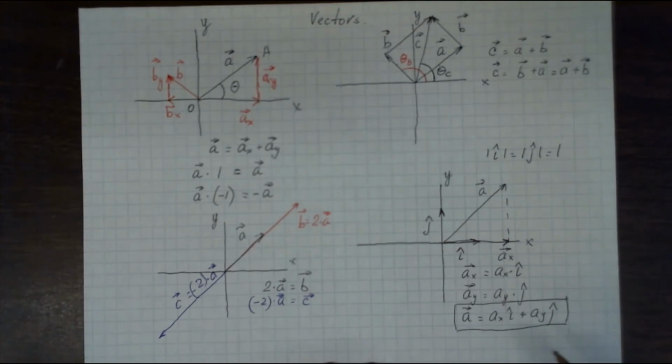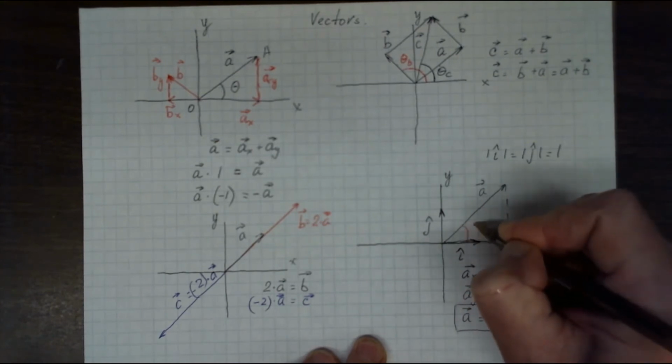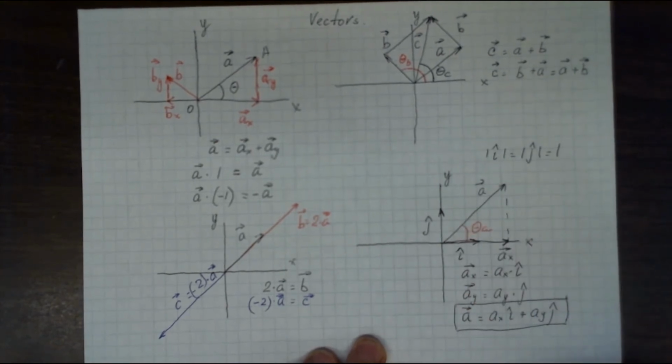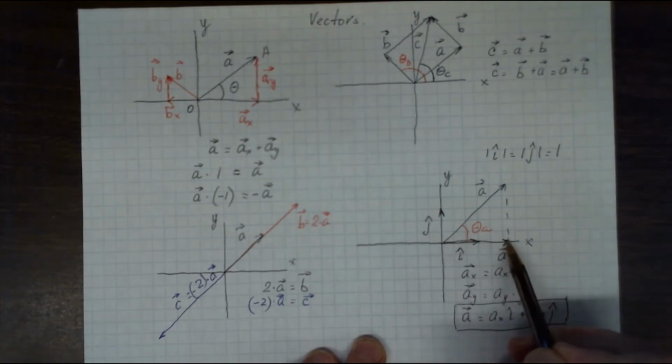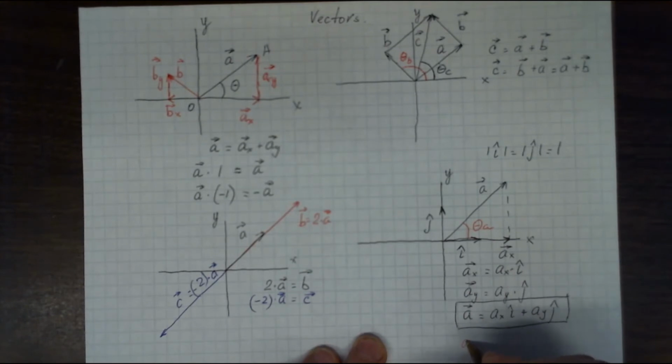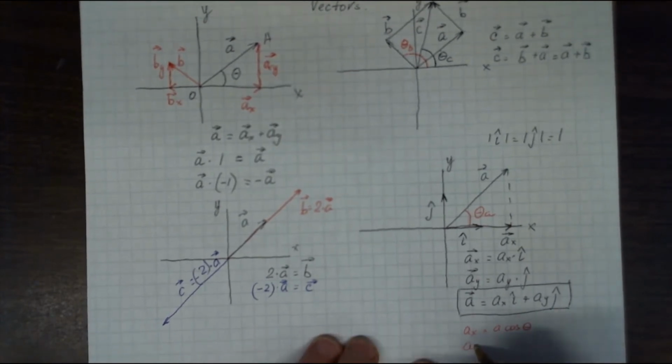Scalars A of x and A of y are called scalar components of vector A. Now, if this is theta of A, then using the right angle triangle, we can easily calculate that A of x is A cosine theta and A of y is A sine theta.